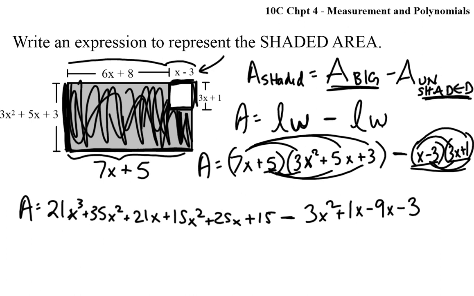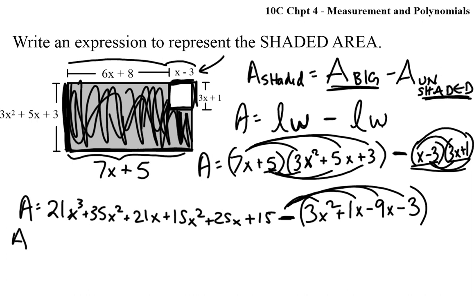But remember, we talked about this last lesson. I want to subtract this entire area. I don't want to just subtract the 3x squared. I want to subtract everything, so I need to put it all in brackets so the entire expression is going to be subtracted, because that negative needs to distribute to each value.